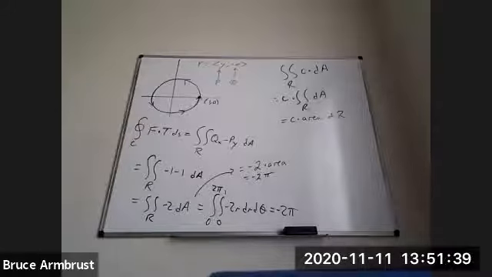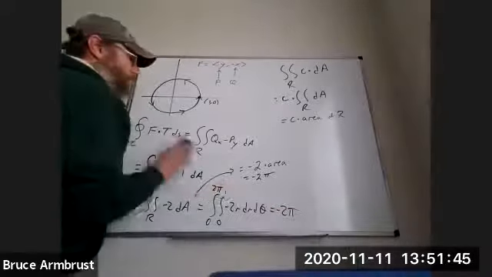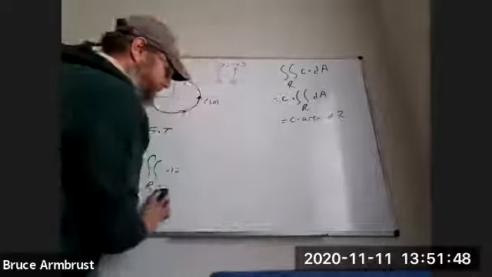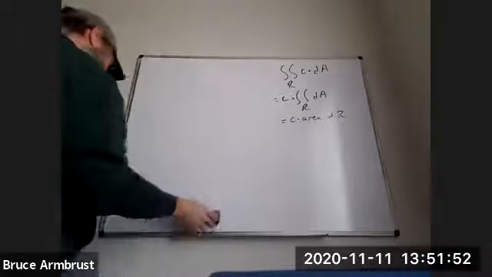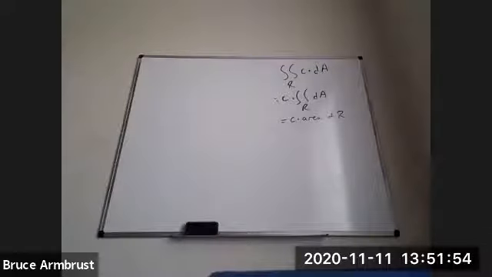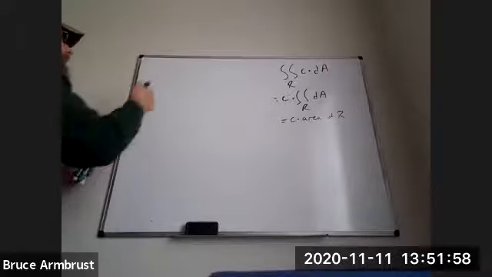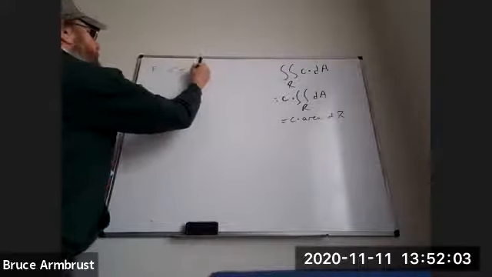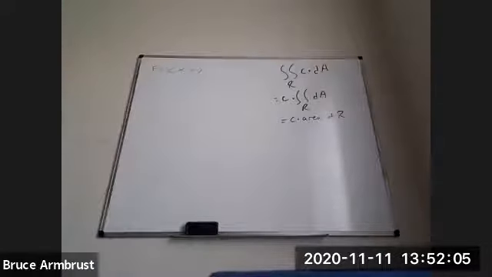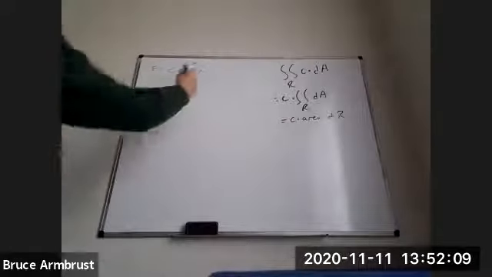All right, so let's try another one here. This time we're going to change the field and we're going to change the curve. Let's go with our field as x minus xy, so that's the x component of it, and then the y component of it is y squared.